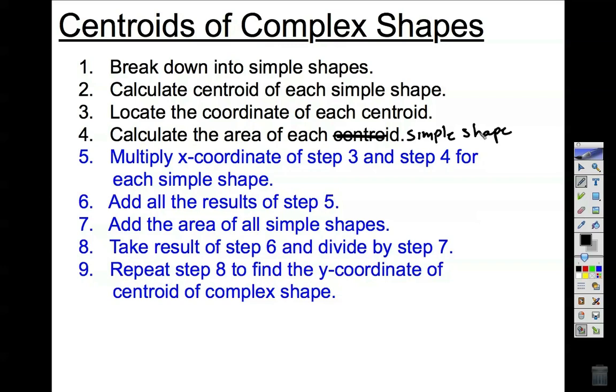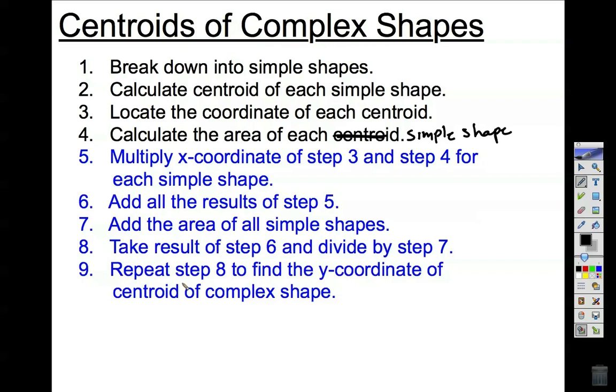Calculate the area of each simple shape. Once you have this, these numbers are going to go into a table which makes 5, 6, 7, 8, and 9 very, very easy. We're going to multiply the x-coordinate of step 3 with step 4, the area of each simple shape.